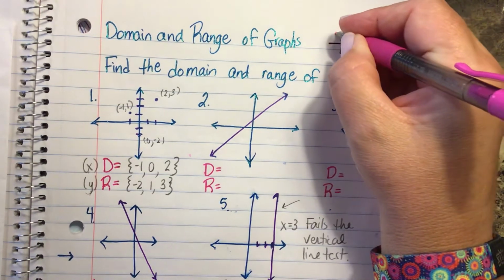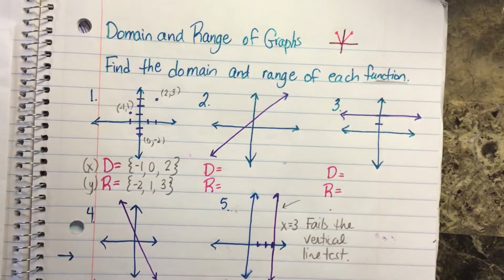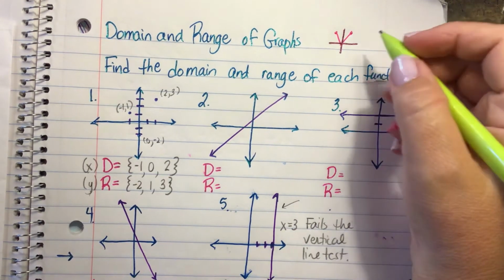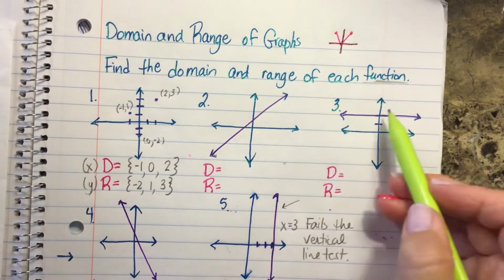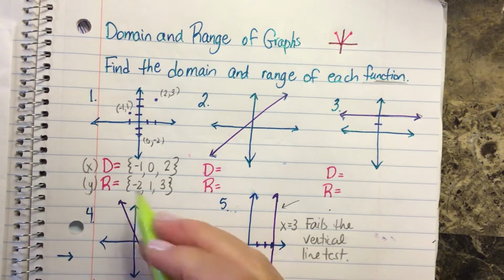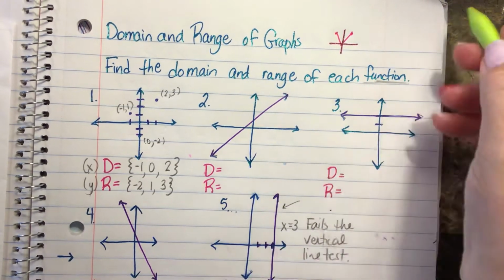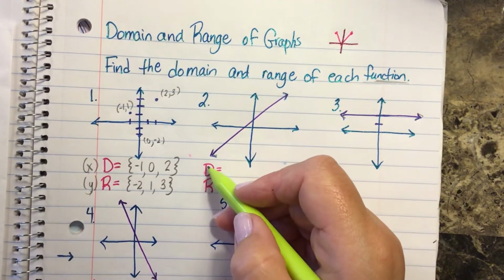And you actually have starting points and stopping points, so make sure to watch that video that I provided in Google Classroom for graphs that actually stop. But I want you to notice this is ongoing, this is ongoing, and this is ongoing. So there are 2 ways to name the domain and range for continuous functions.